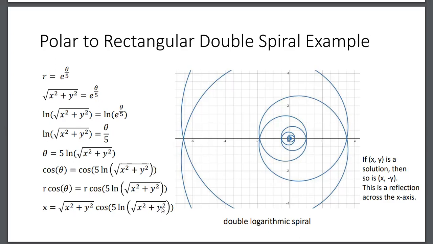Whatever you put in here squared, you're going to get the same positive answer. And so if you leave x alone and put a negative y in, if you have (x, y) as a point and you also have (x, negative y), that's a reflection across the x-axis. And you can see that the second spiral, or whichever one you want to look at, is a reflection of the other one across the x-axis.